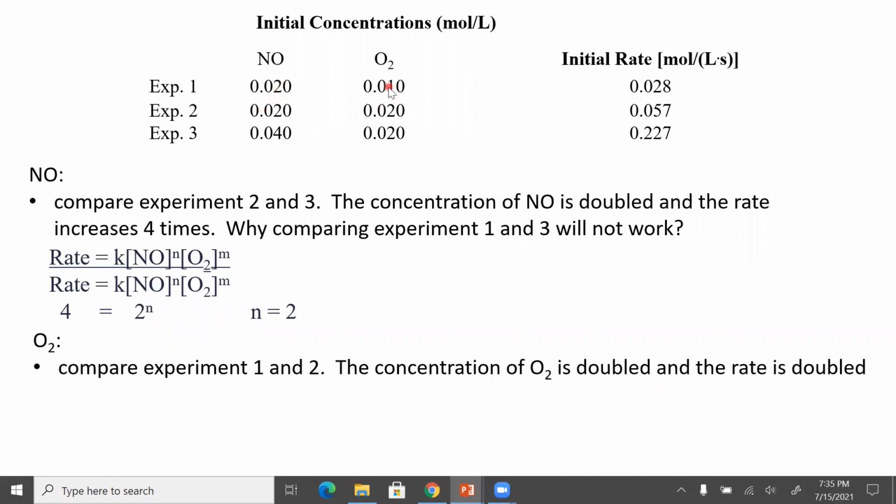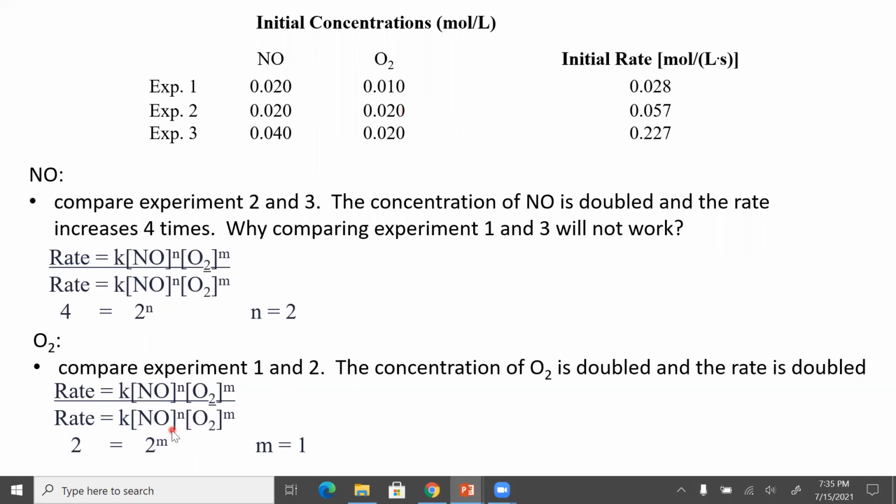So how does changing the oxygen affect the rate? So put the bigger number on top. 0.057 divided by 0.028, the rate is doubling. And when we look at the concentration, it is doubling.